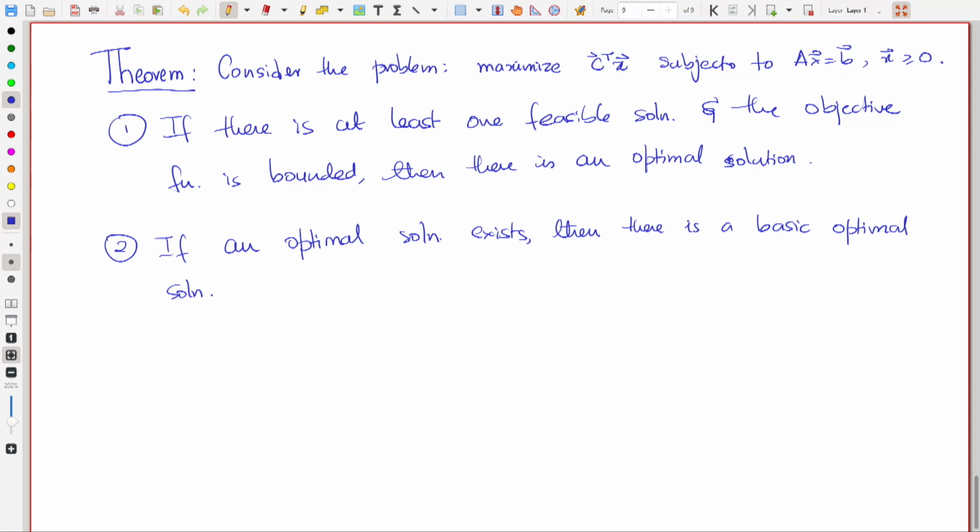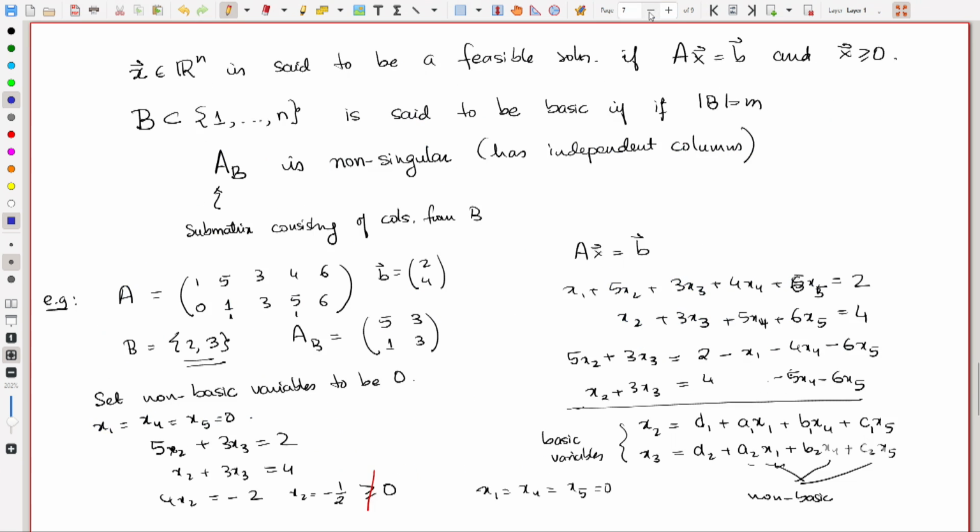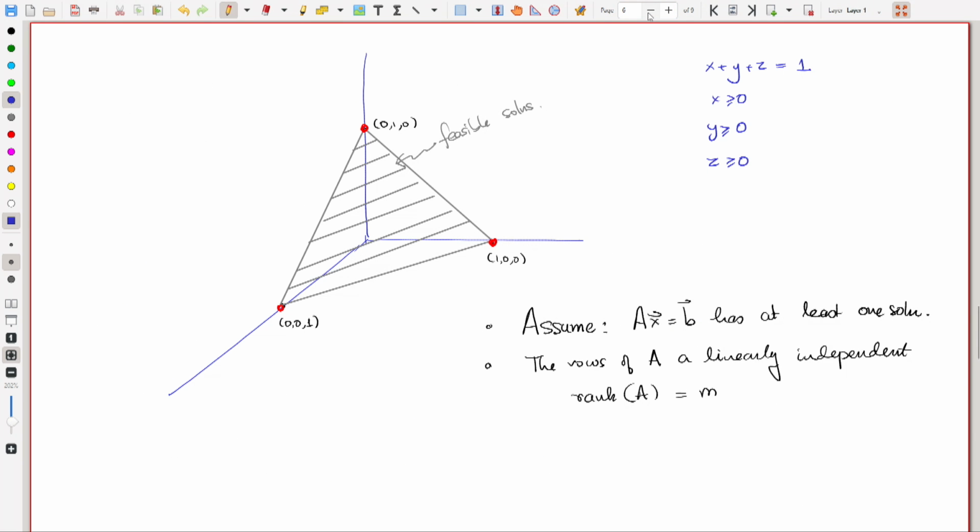So, let us go back and look at this. This is your feasible set, the gray region, and you are trying to maximize something, then maybe it is maximum everywhere along say this edge over here. Then it will be maximum at one of the corners.